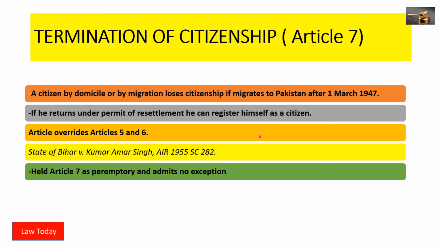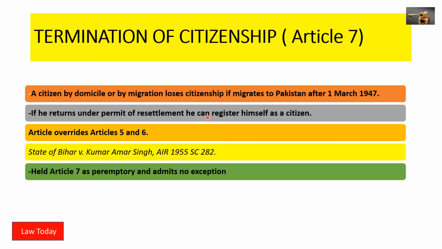Thus, Article 7 overrides Articles 5 and 6 and envisages only those persons who migrated to Pakistan between March 1st, 1947 and January 26, 1950, and they lose their citizenship.